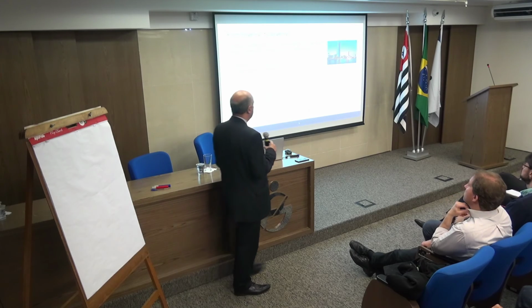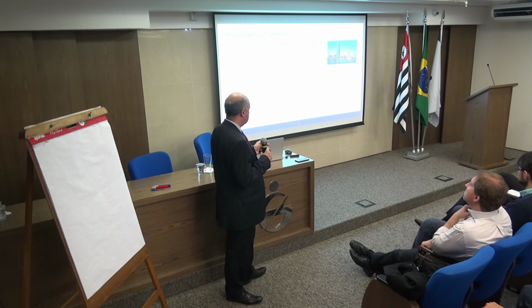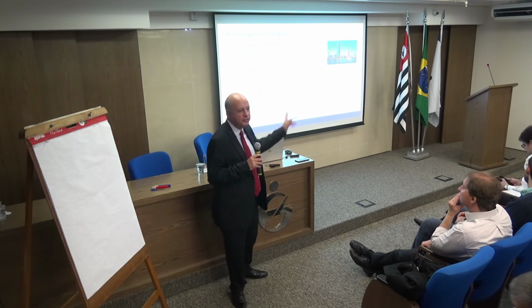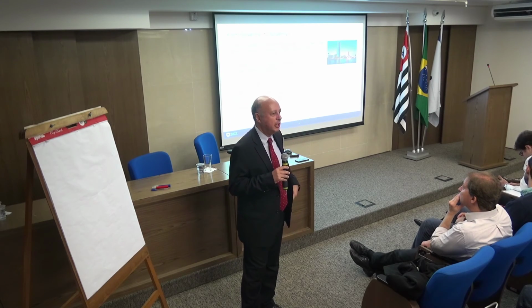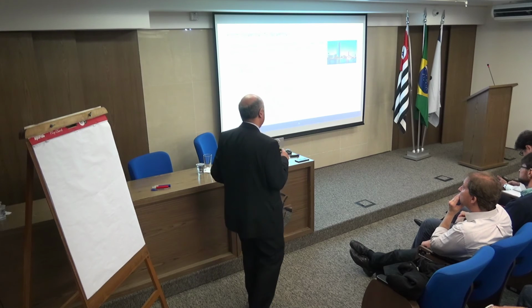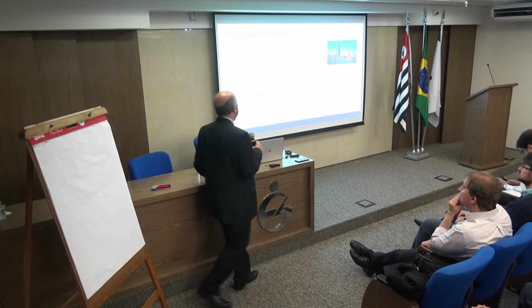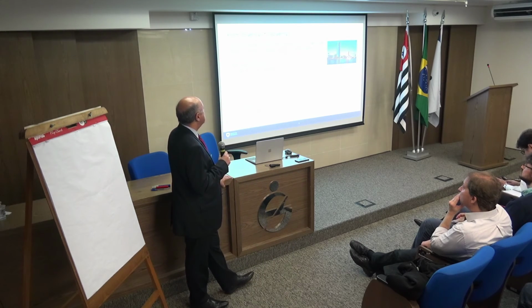Now, this is the headquarters of the European Central Bank. This is Frankfurt, Germany, and this is also where EIOPA, the European Insurance and Occupational Pensions Authority, has its headquarters. Okay, so Solvency I established a minimum guarantee fund.